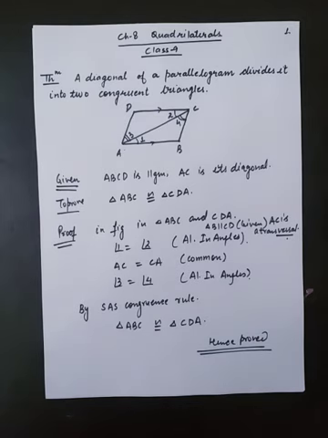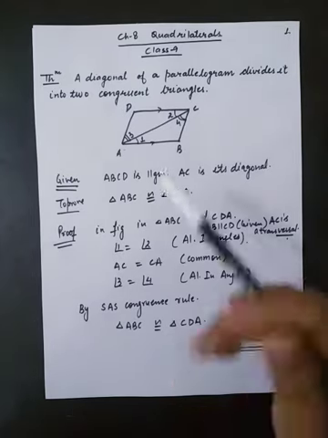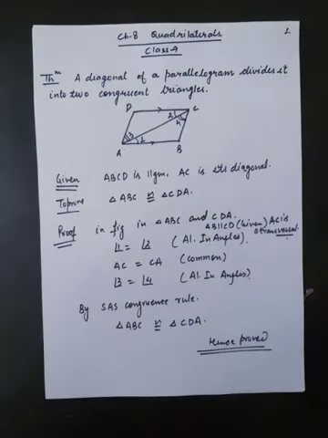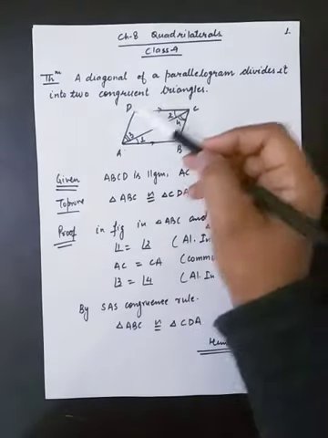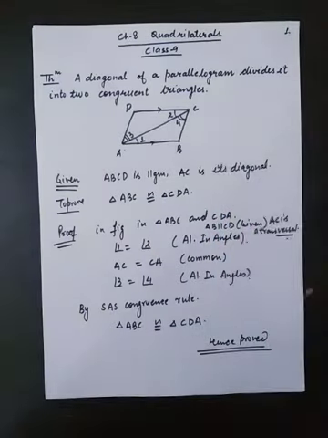Before starting the exercise, students, you have to learn some properties about the parallelograms as you were told in previous videos. In a parallelogram, opposite sides are equal. We already know that opposite sides of a parallelogram are equal. And if in a quadrilateral each pair of opposite sides is equal, then it is called a parallelogram.